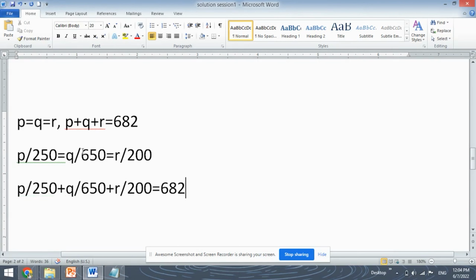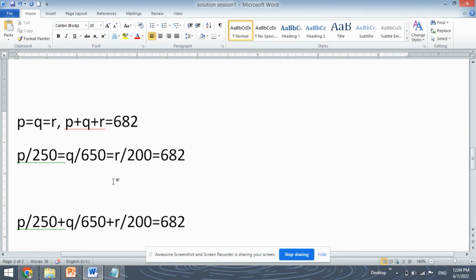By using this equation, since the fractions are equal, we will add all the numerators and all the denominators. So P plus Q plus R upon the total of 250 plus 650 plus 200 equals 680.